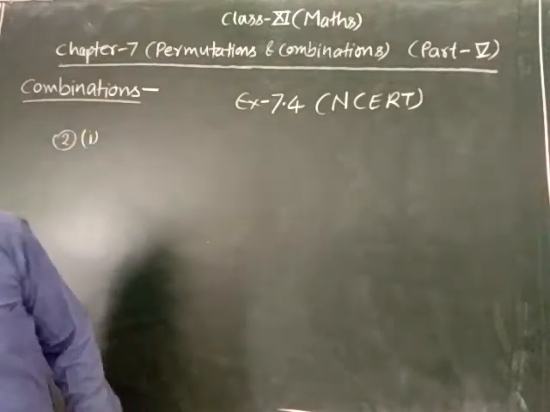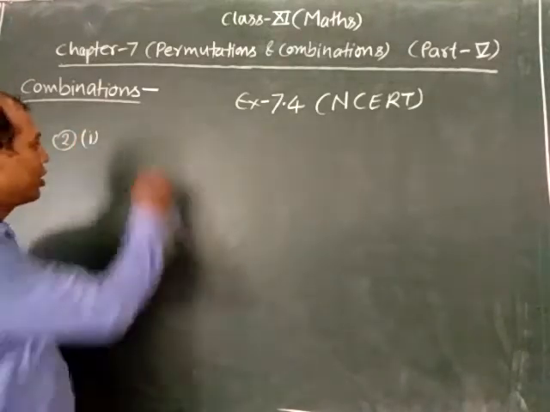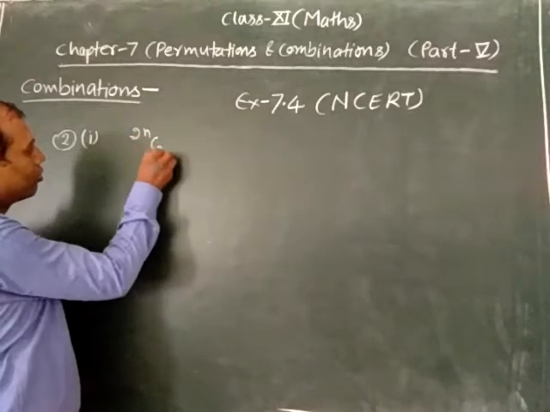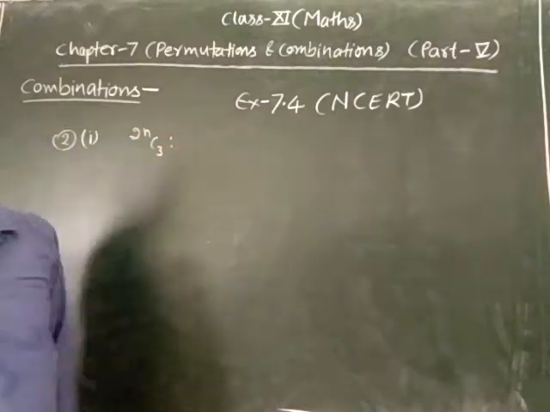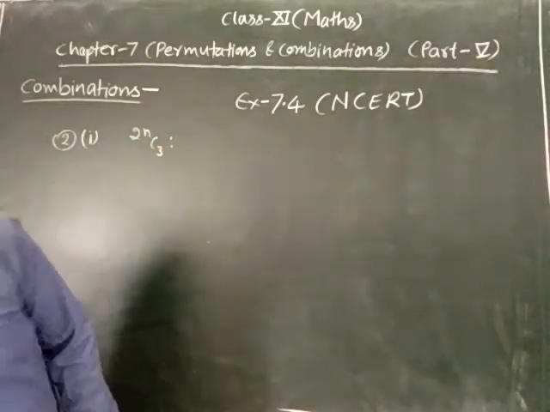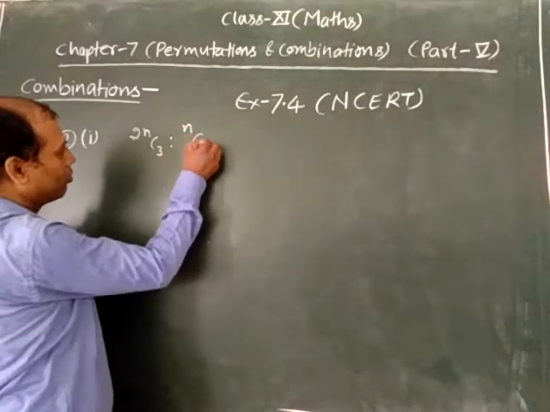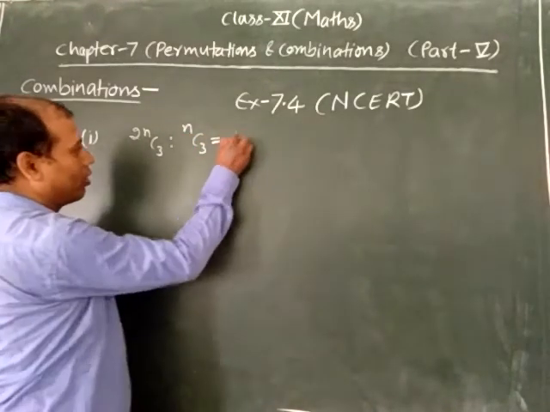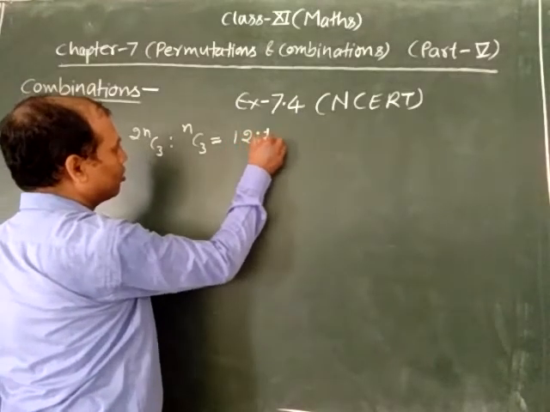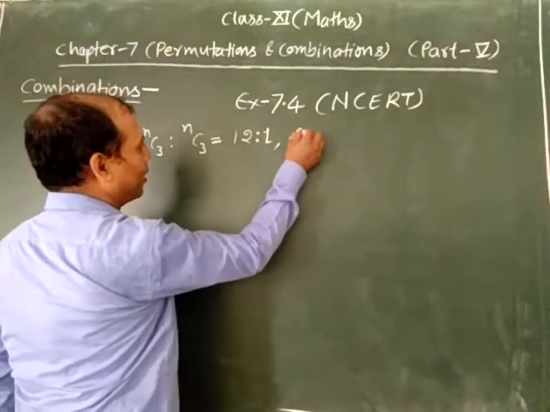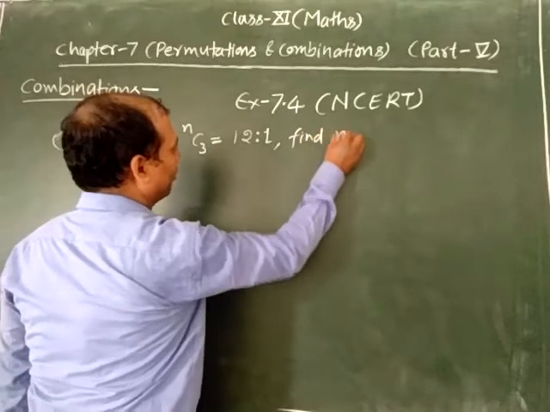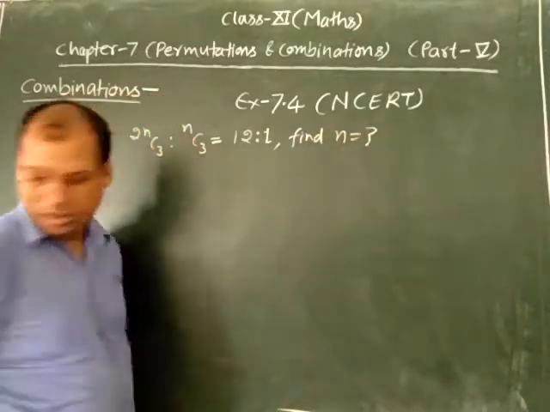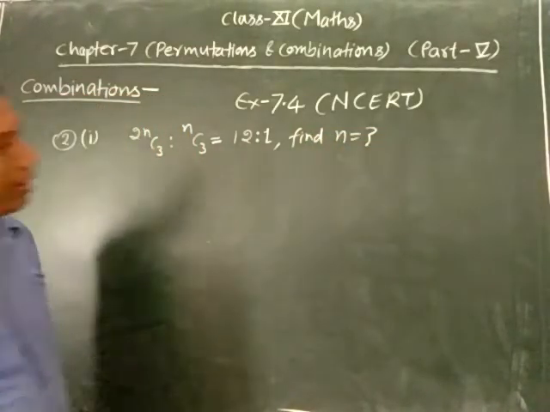In this question, it is given that 2nC3 ratio nC3 is equal to 12:1. Then we have to find the value of n.